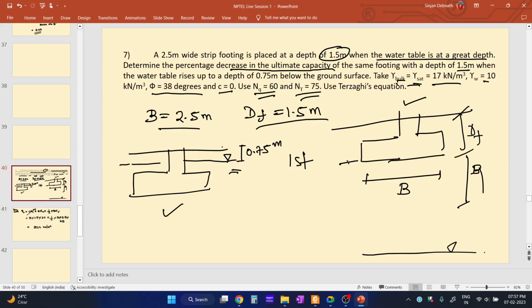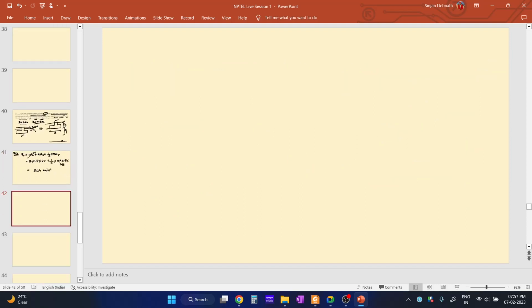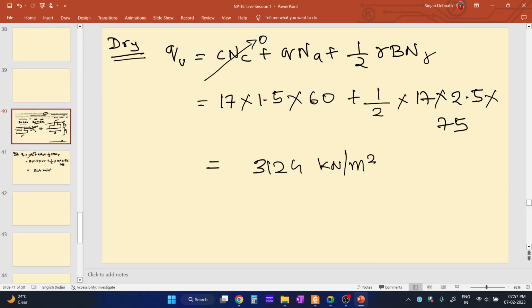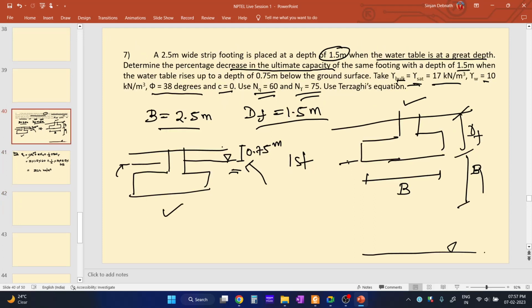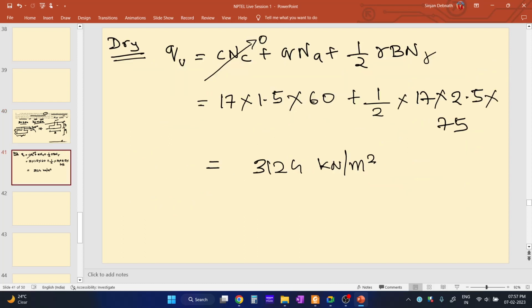Now for the second case, when the water table is over here, 0.75 meter below the ground surface. Below this, this part is totally submerged. So for this part we need to use the submerged unit weight.